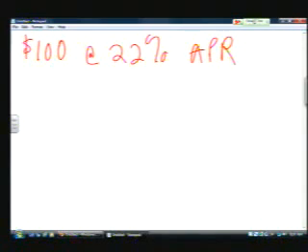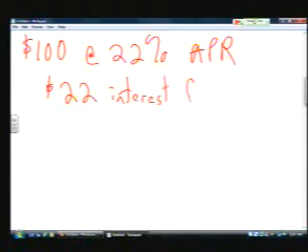So how many dollars in interest would you have to pay? Let's go to Courtney. $122. Excellent. So you would have $22 in interest for 1 year.